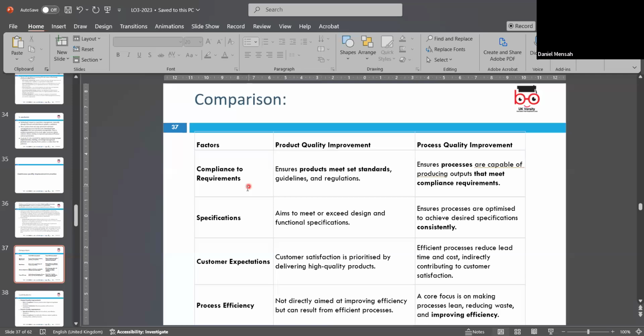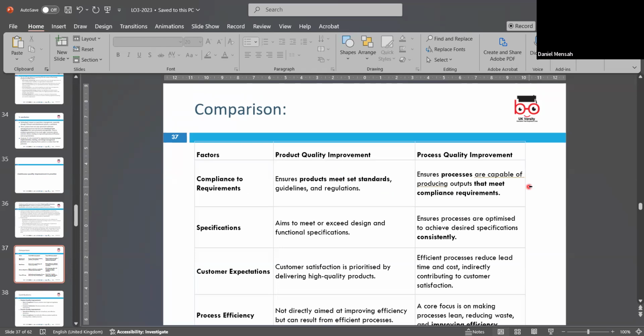Compliance: in product quality improvement, there are some guidelines from the government that your product should meet in terms of safety, standards, guidelines and regulations.